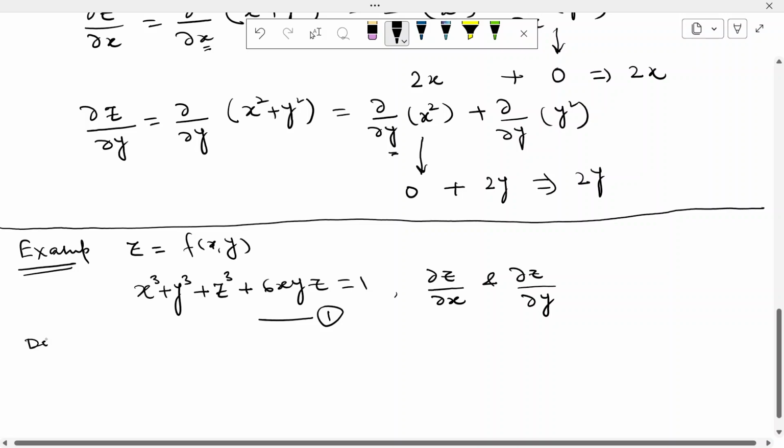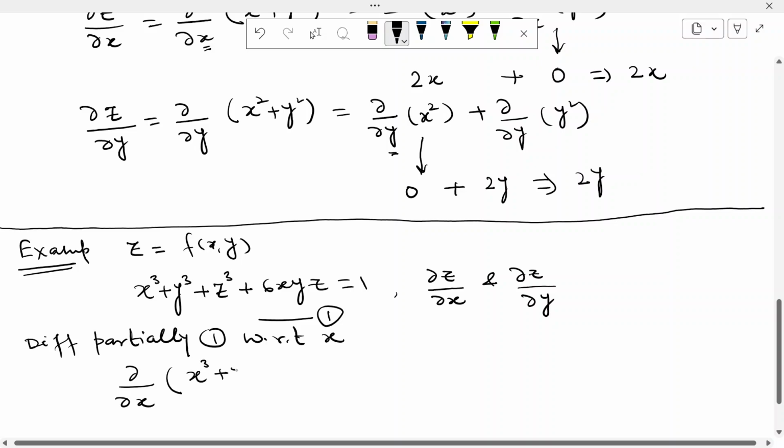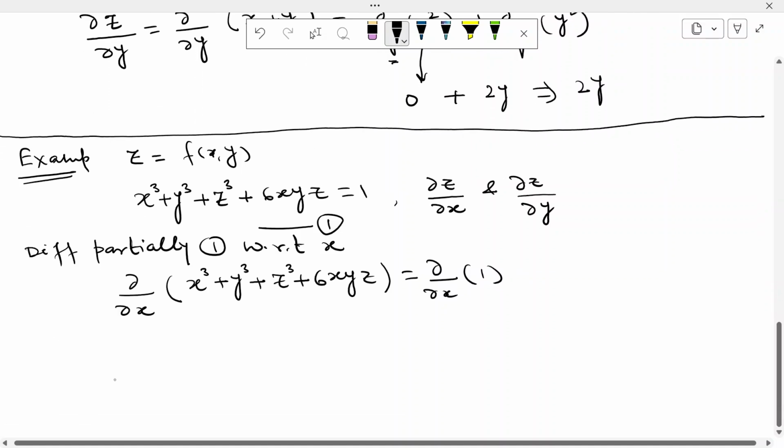Differentiating partially equation 1 with respect to x, we are performing this differentiation with respect to x. So this is del over del x of x cube plus y cube plus z cube plus 6xyz, and on the right hand side we have 1. So we have to perform the differentiation of 1 with respect to x.